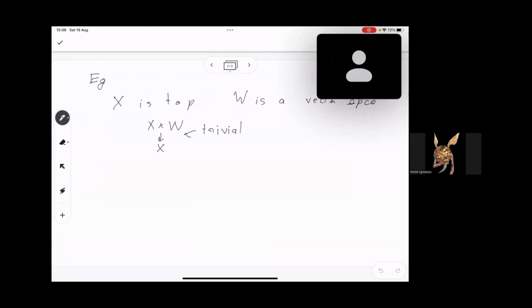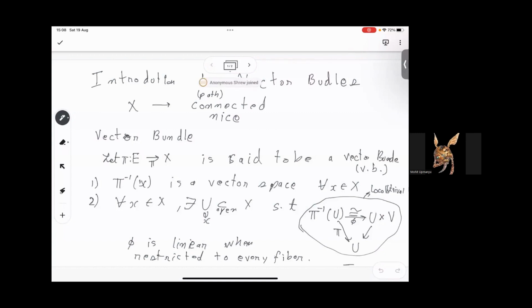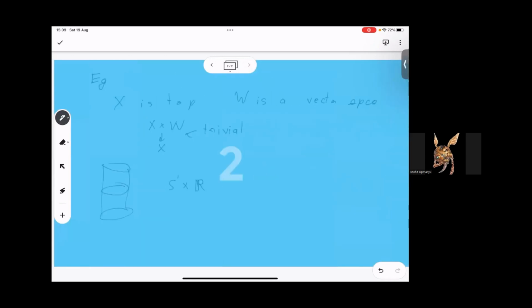So another example of a vector bundle would be, let's just say, the cylinder. The cylinder is basically S1 cross R. And I completely forgot to mention that the field that we'll be using for vector spaces will be either R or C. I'll usually write it as F, and that means it could be either R or C depending on the situation.